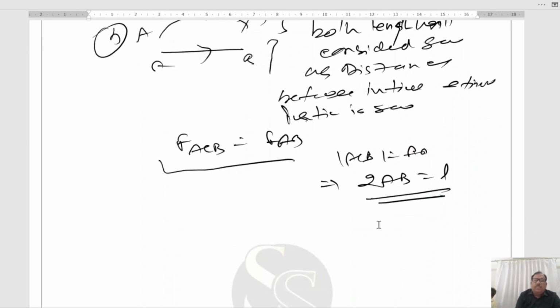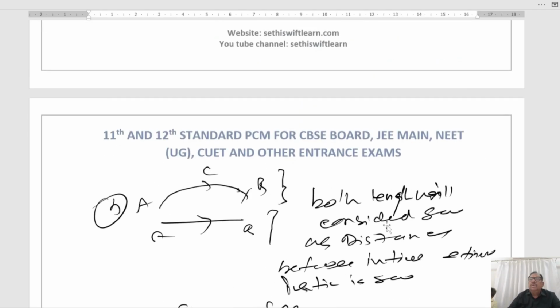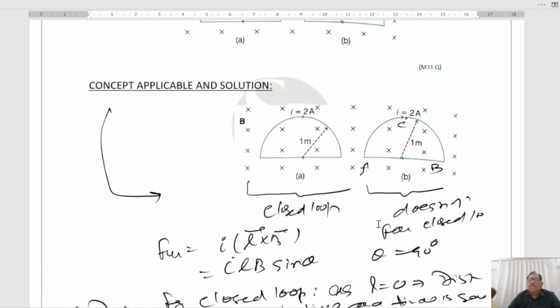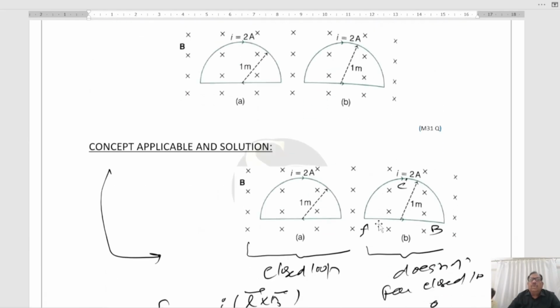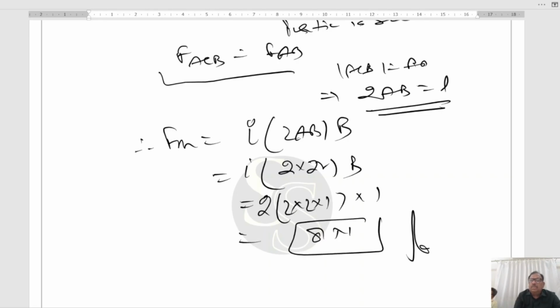Now, magnetic force Fm will be equal to I twice AB into B, that is 2R diameter, 2 into 2R into B. On substituting the values, we get 2 ampere, 2 into 2 into 1 Tesla into 1. That is 8 Newton. That is the answer.